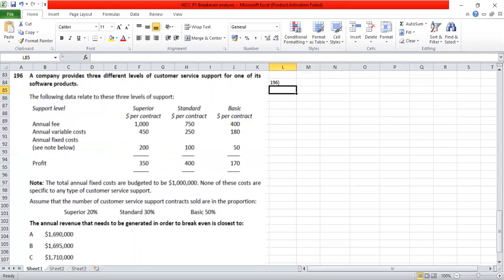Annual fee 1,750, 400. In order to generate break-even sales: break-even sales is equal to fixed cost divided by weighted average contribution margin ratio.